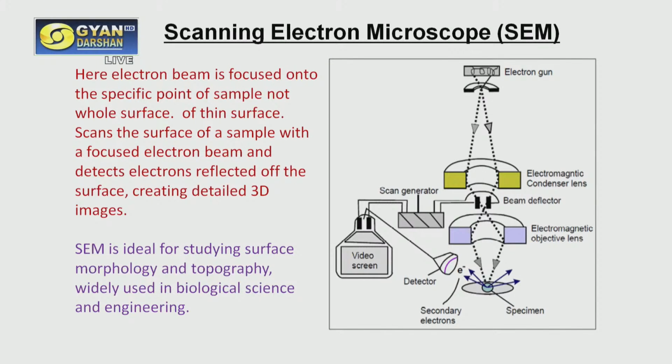So you can see here that the construction of the transmission electron microscope and the scanning electron microscope is similar, but the production of the surface image is based on secondary electrons, which interact with the biological specimen.